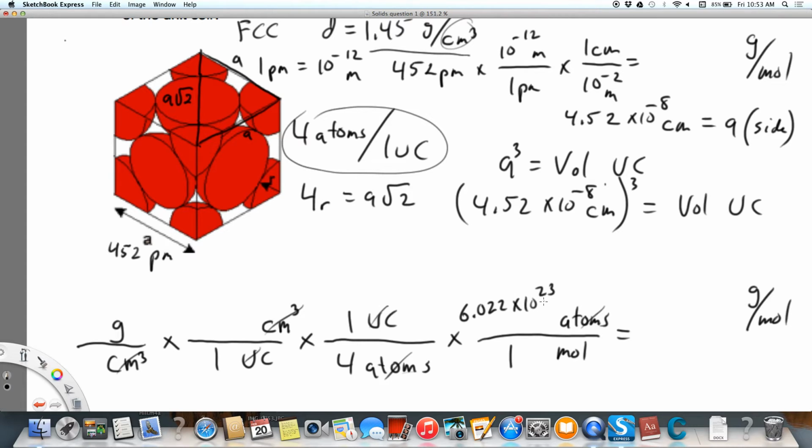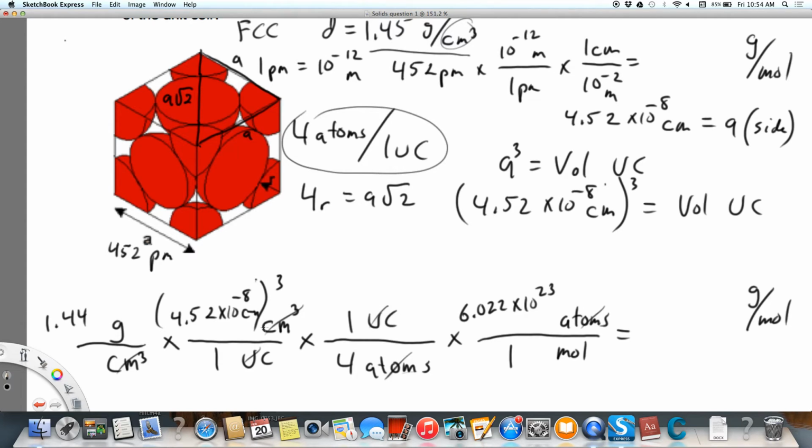So there's a mole of atoms, 1 unit cell. I'm going to add the density as 1.45 grams per centimeter cubed. Actually, I think it was given as 1.44. And then we're going to take the edge and cube it, 4.52 times 10 to the minus 8 centimeters, and cube that.